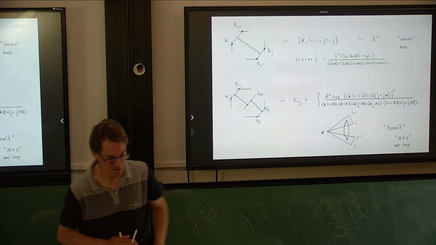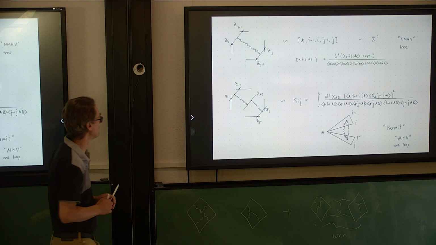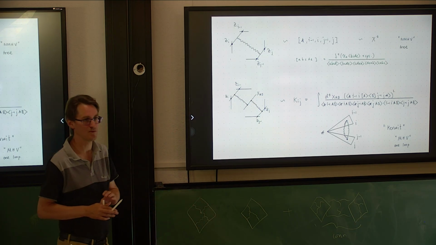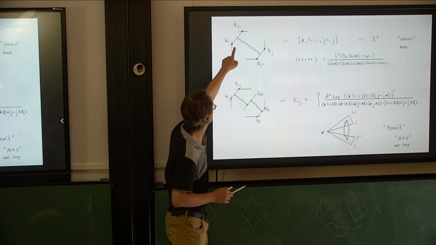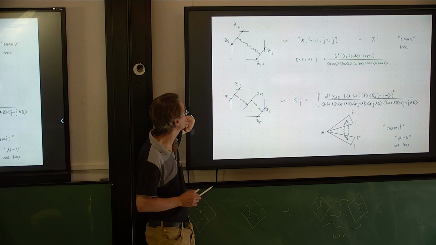And when you start computing, these are the kinds of diagrams that you start writing down. Again, this is all following Mason and Skinner's formulation. So they write down diagrams like this, where you exchange a propagator between two edges of your loop in momentum twistor space.